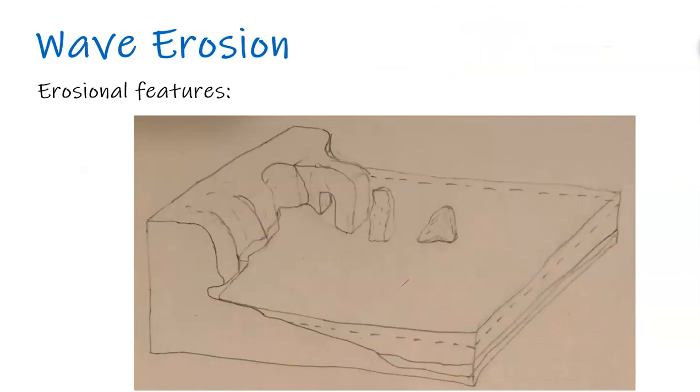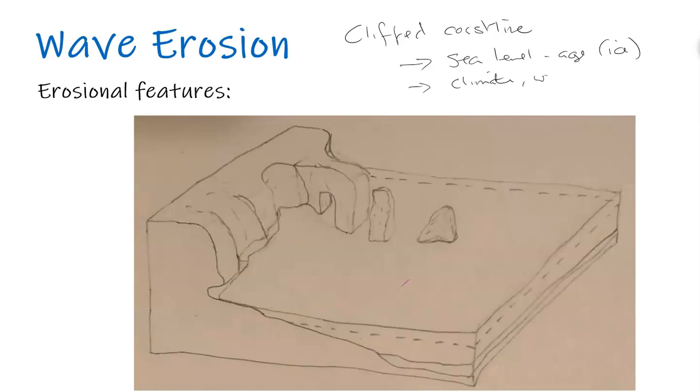So to overview this picture with a cliffed coastline, lots of different factors come into play with the complexity of what this coastline would look like and how it's going to change over time: sea level, which is tied to the ice ages and glacials, the climate, prevailing wind, swell patterns, wave patterns, the topography of the beach, and the gradients.